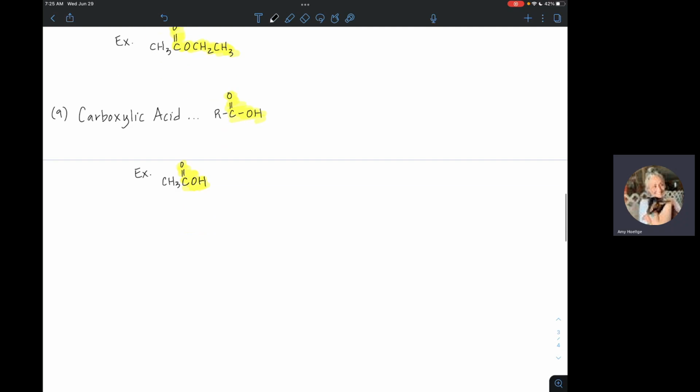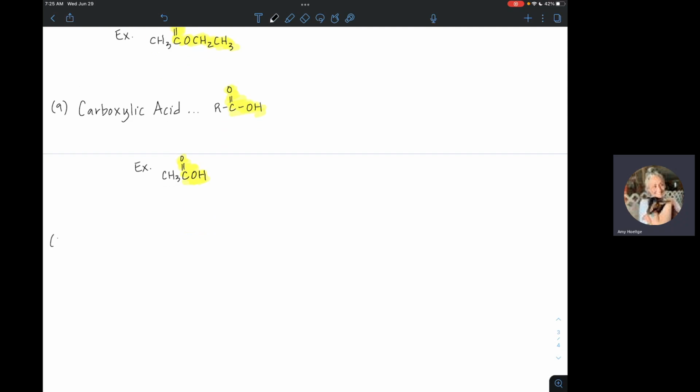The last category is another carbonyl containing functional group called an amide. We'll have an R group, we'll have our carbonyl, and then we have a nitrogen. And that can either have two hydrogens on it, or just like with the amines, you can swap out a hydrogen for an R group.